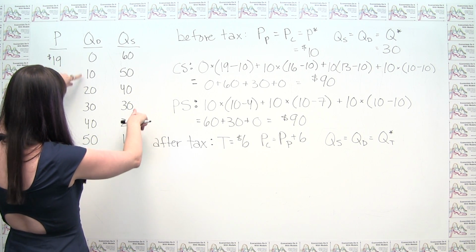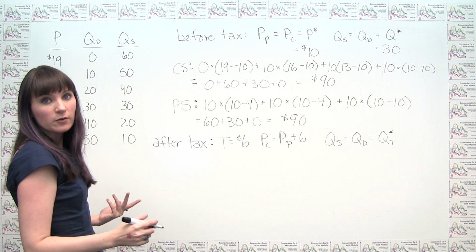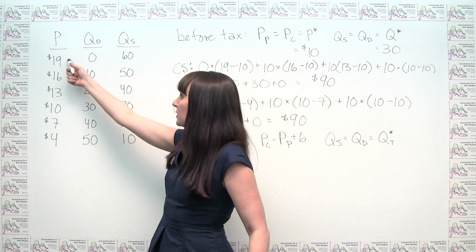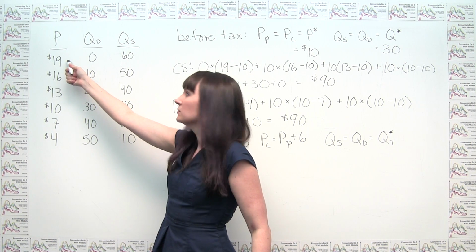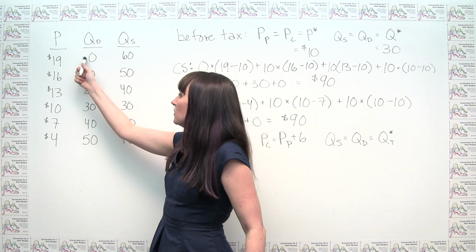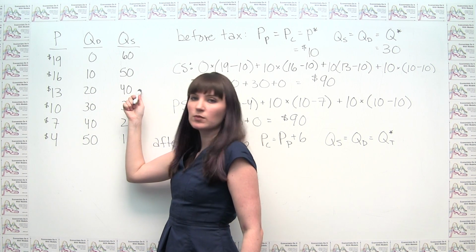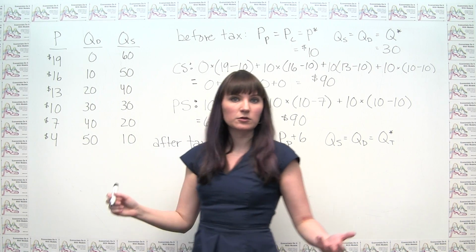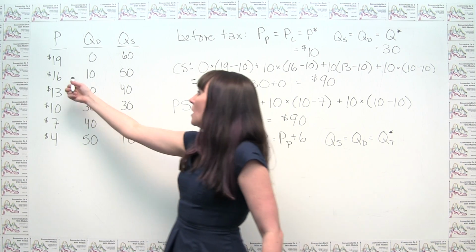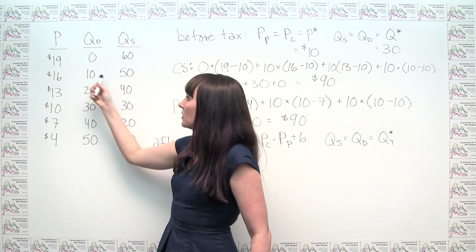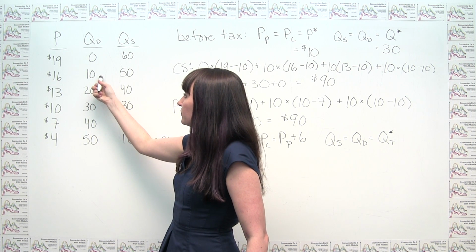Do they line up here? And so on and so forth. What we see is, if the consumer was paying $19, they wouldn't be demanding anything. The producer would be getting $13, and he'd be supplying 40 t-shirts. That's not an equilibrium. If the consumer was paying $16, he'd be demanding 10 units.